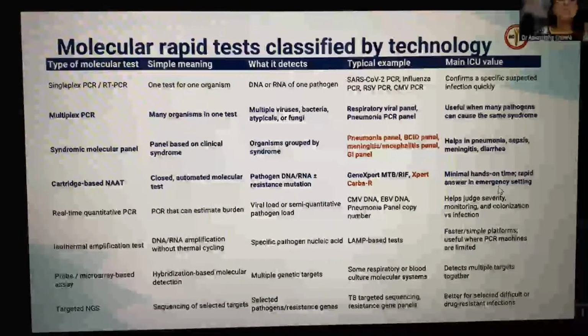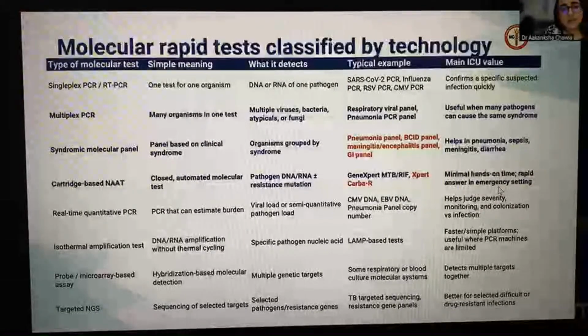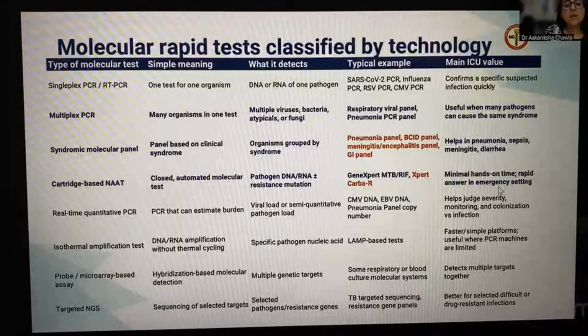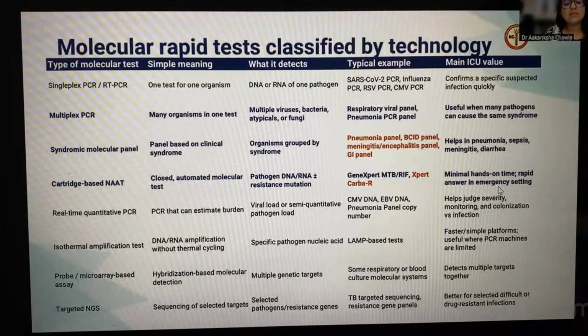Then we have the molecular tests. We have been talking about these molecular rapid tests quite a bit, and you all understand that these are PCR based tests. We commonly use the multiplex PCR, like the respiratory viral or the pneumonia panel, useful when many pathogens cause the same syndrome.